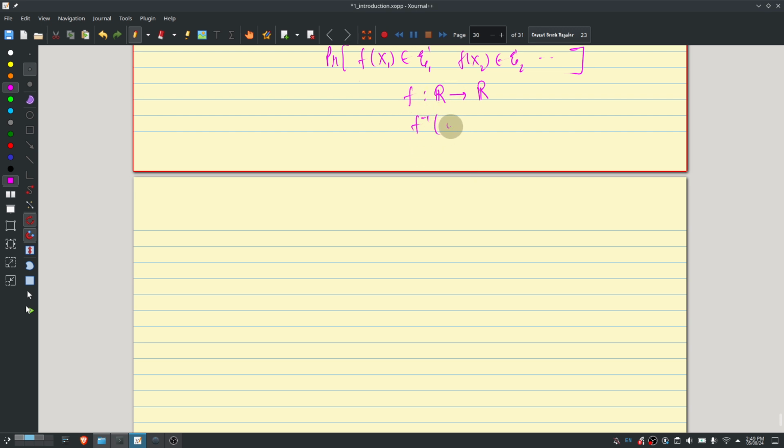What is f inverse of some set A? It is the set of all x in R such that f of x is in A, right? This is well defined.